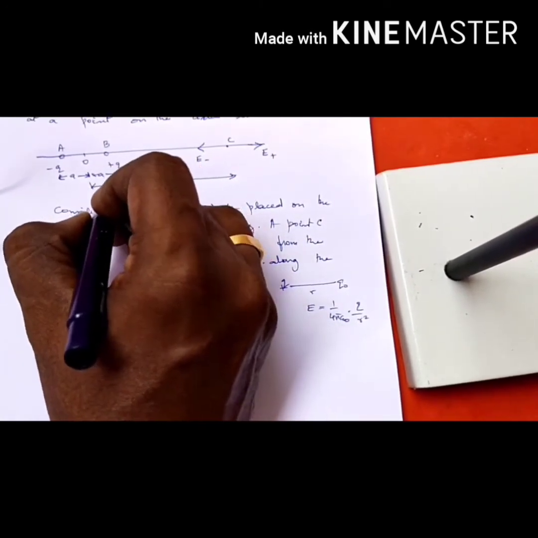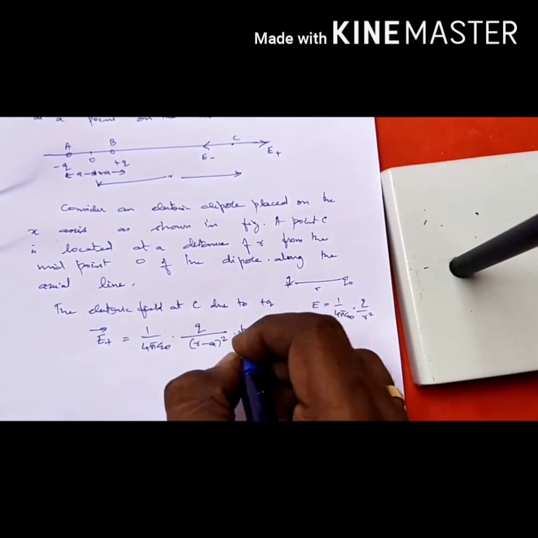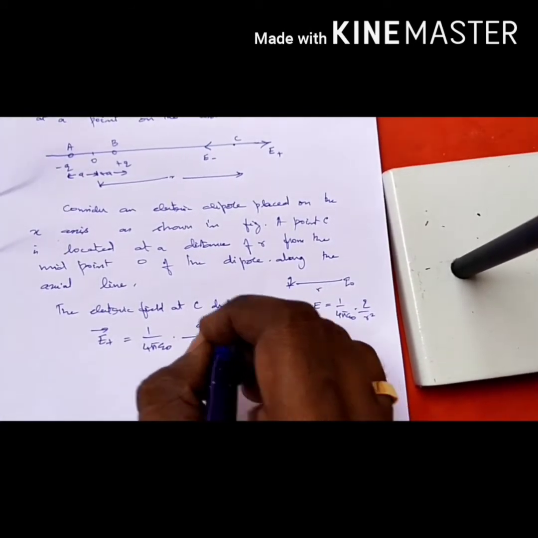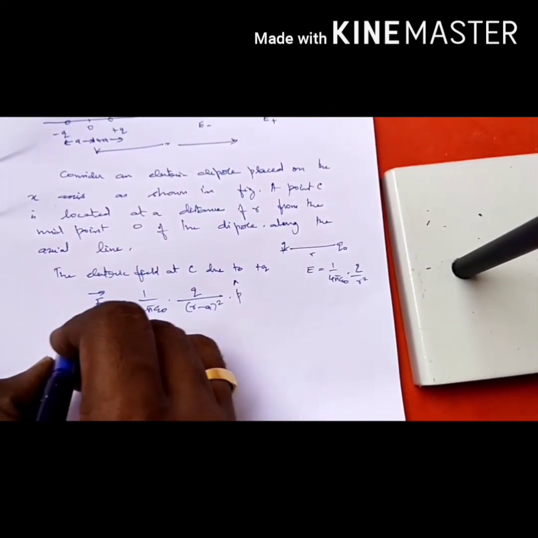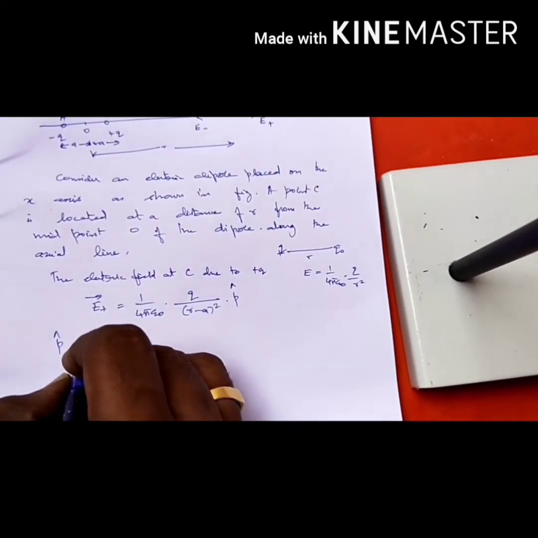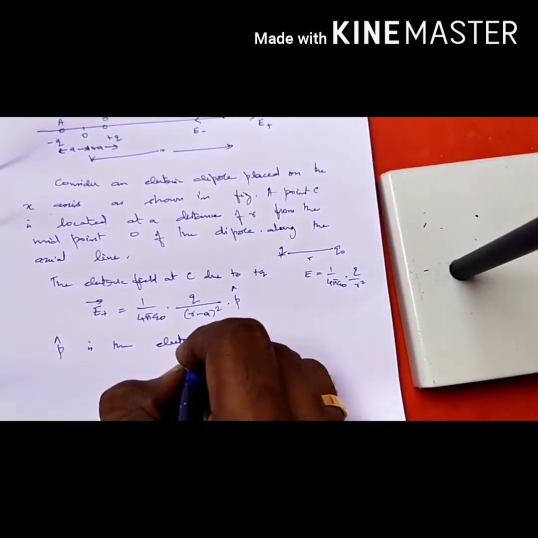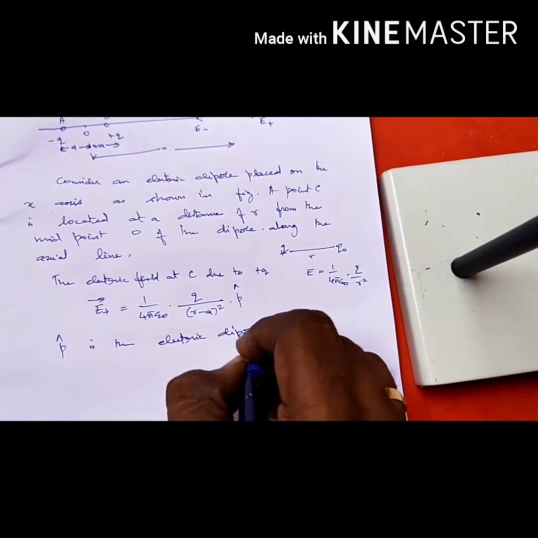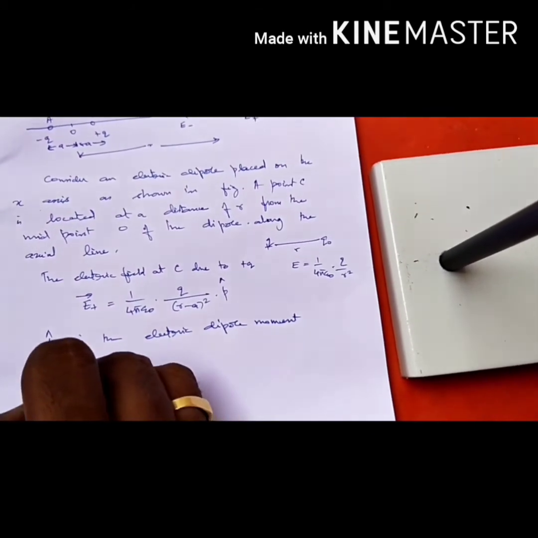So from the charge Q the distance is r minus a. So r minus a whole square into P cap. P cap is the electric dipole moment unit vector. Its direction is from minus Q to plus Q.